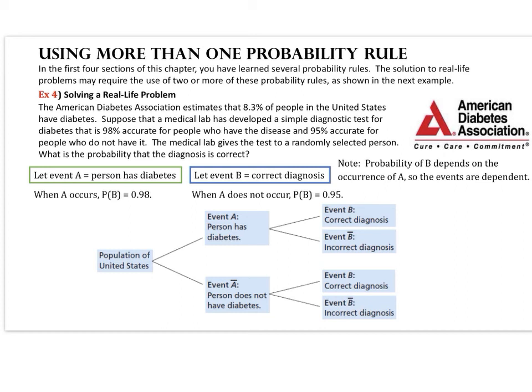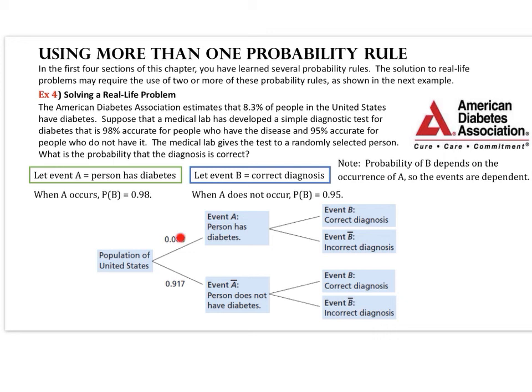Now we need to fill in our percentages, or our decimal values. So the decimal value of a person having diabetes is 0.083. That's a value that was given in our text, right up here: estimates that 8.3% of people in the United States have diabetes. So this is a number that was given, so we put it along this branch. Then we just need the complement of that value, which would be 0.917.